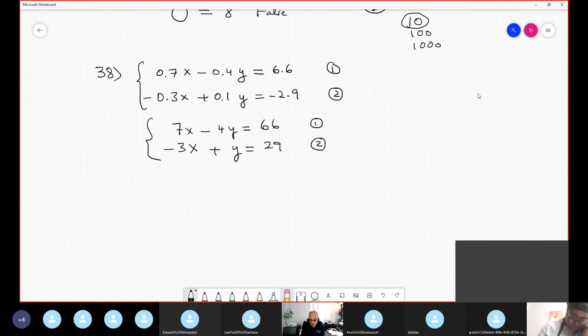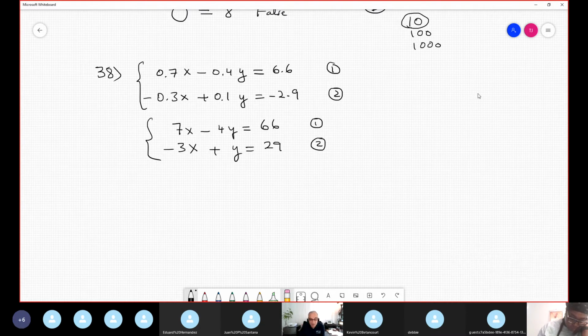Excellent. Juan Gomez says multiply equation 2 by positive 4, right? Because the positive 4 here and the negative 4 are ready for elimination. So you multiply the entire equation. It's super easy to find that. Okay, sorry.